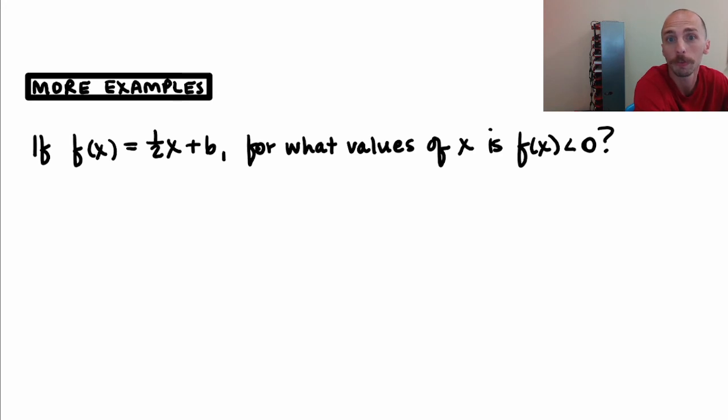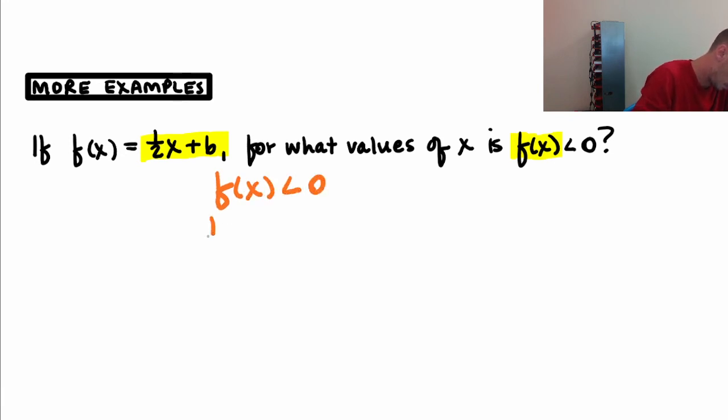So we're going to figure out where this function goes negative. We want f of x less than 0, and we have a formula for f of x, so I'm just going to plug in using that formula. If they want f of x less than 0, then they're really saying 1/2 x plus 6 is less than 0. And we'll be able to solve for the values of x using techniques from the first lesson in this unit.